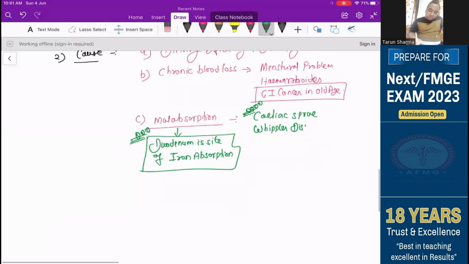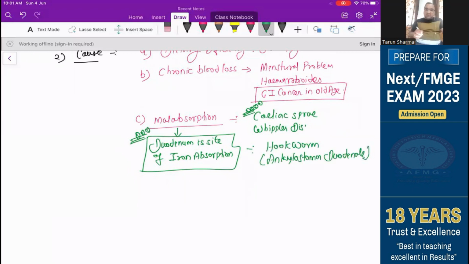One more important thing you must remember: there is a parasite which affects the duodenal area. That parasite can also lead to iron deficiency, and it is called hookworm infestation. Hookworm is also called Ankylostoma duodenale.